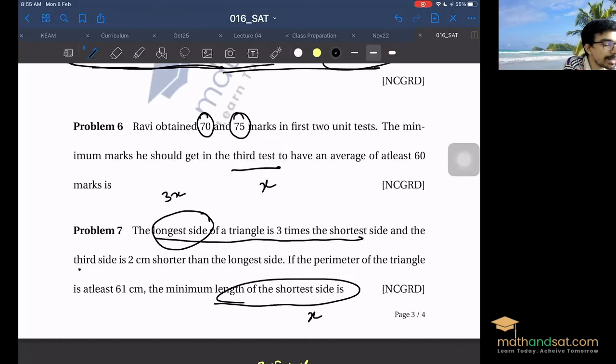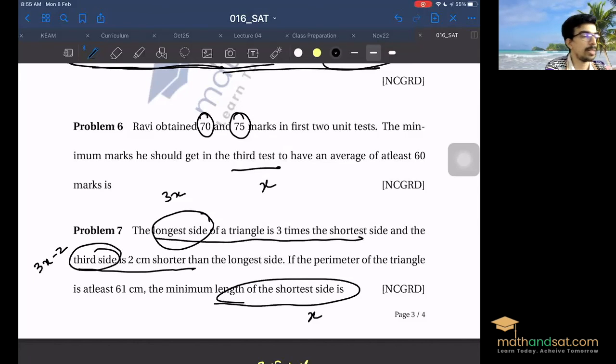And the third side is going to be 2 centimeters shorter than the longest side. So the third side will be 3x minus 2. Now look at this and let me know whether it makes sense. We have chosen the length of the shortest side as x. So the longest side is 3 times the shortest side, which is 3x.